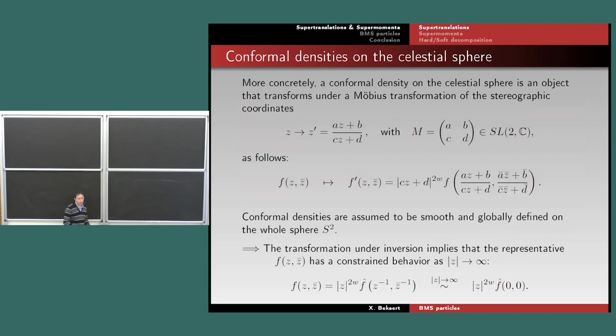One important assumption, related to your question: I will always assume that these densities are smooth and globally defined on the whole sphere. In particular, this implies an important property. So I can write it on the blackboard.